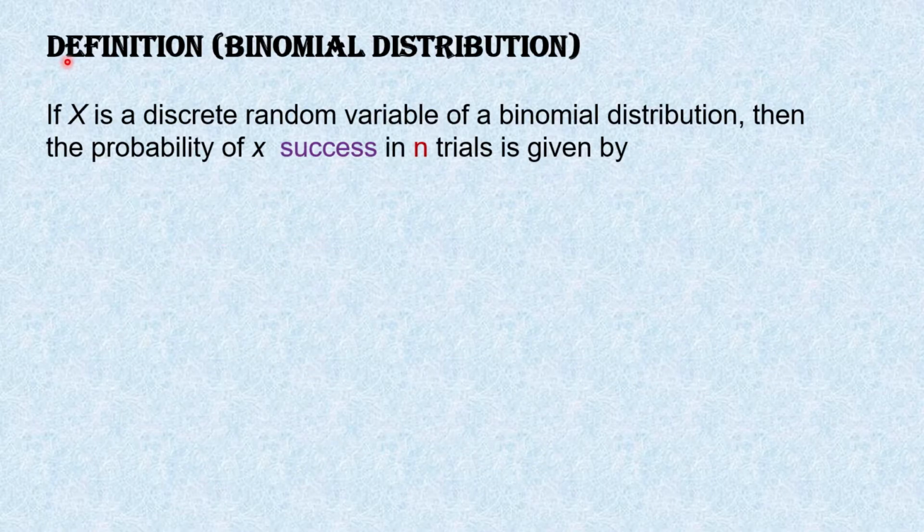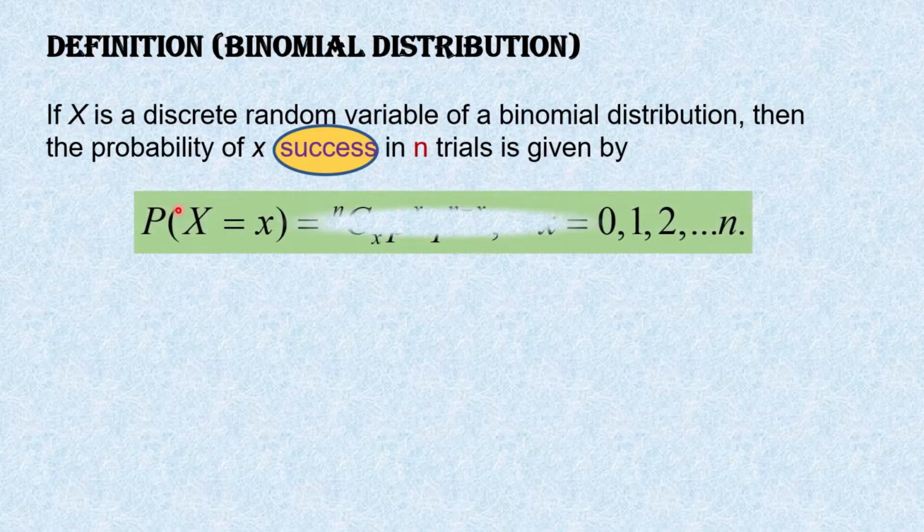So now we continue with the definition of binomial distribution. If X is a discrete random variable of a binomial distribution, then the probability of X successes in n trials is given by P(X = x) equals nCx p to the power of x, q to the power of n minus x, where x starts from 0, continues with 1, 2, until n.